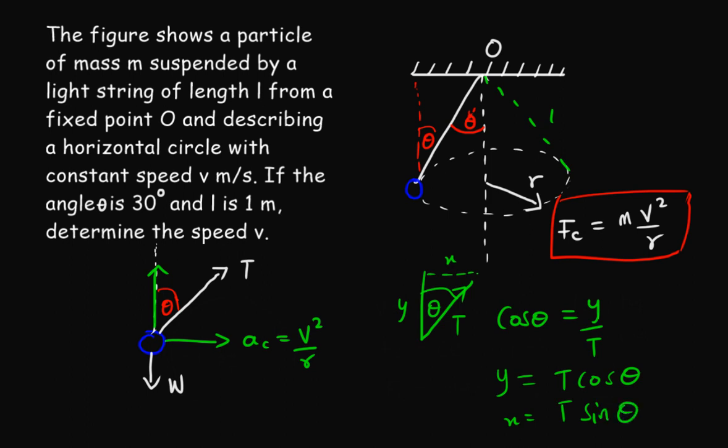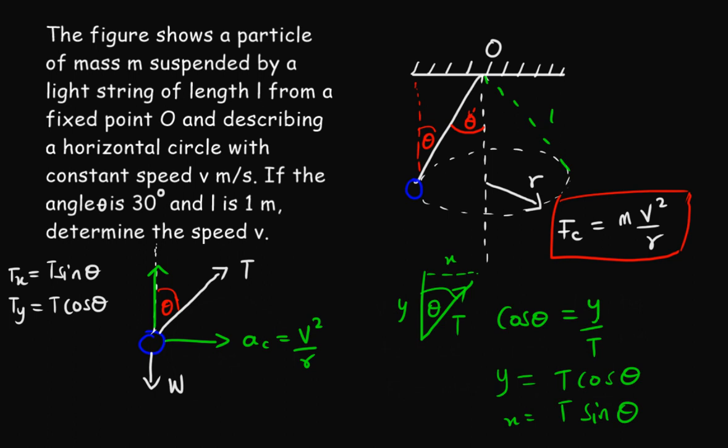So this will be the x and y component of the tension force. So that's what we want to know. So let me write this here. For the tension force, I write Tx to be T sine theta, and then Ty to be T cos theta. Okay, so now we know the components of the tension force.